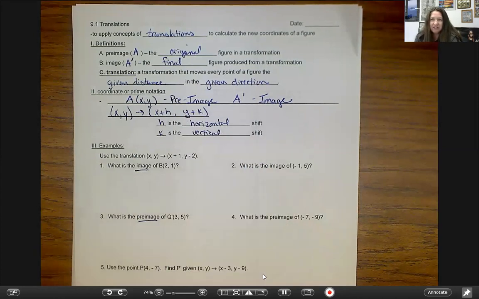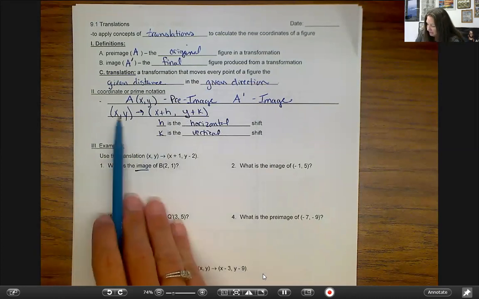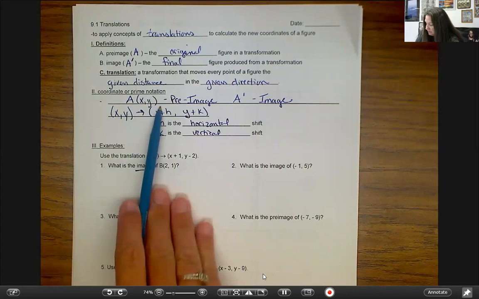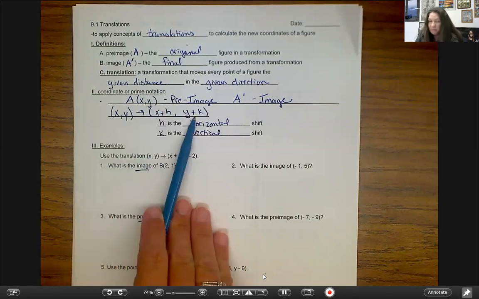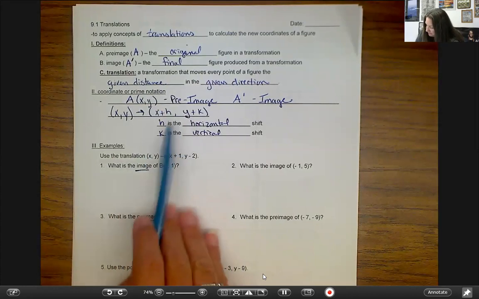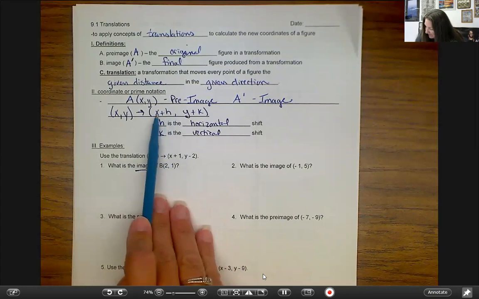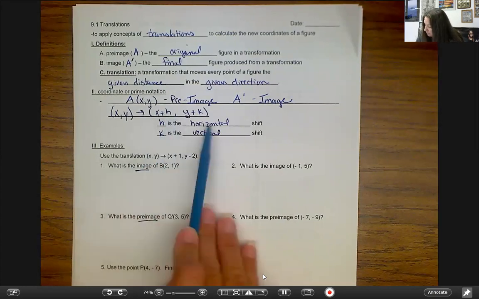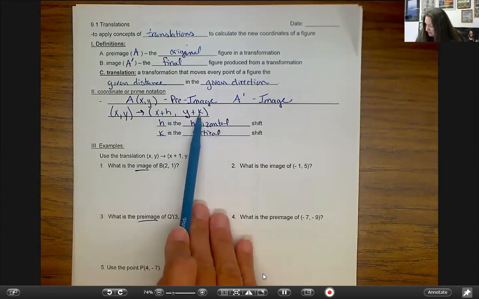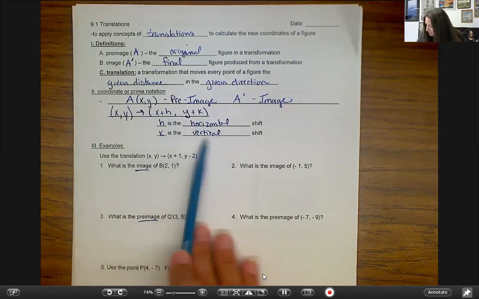We're going to use an algebraic rule to define our translations. So x, y will translate to x plus h, y plus k. This value h is with the x coordinate, so it's going to move the figure along the x-axis, horizontally. K is along your y-axis, so it's going to move the figure vertically.